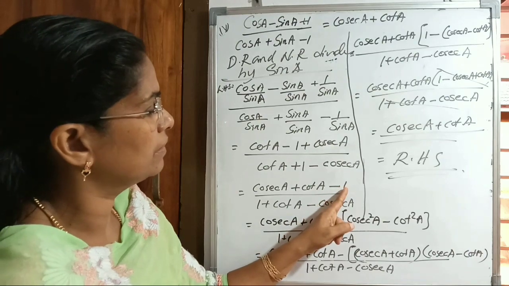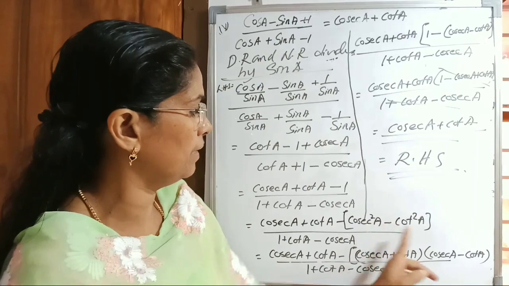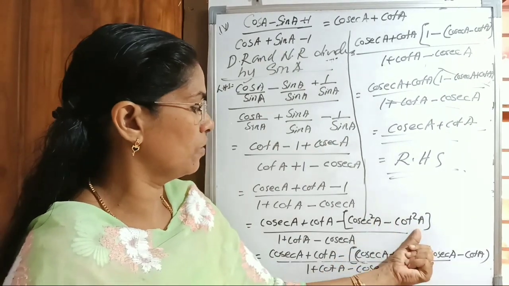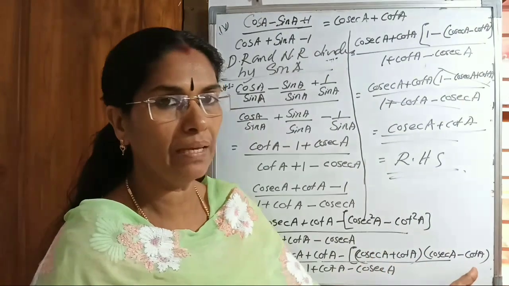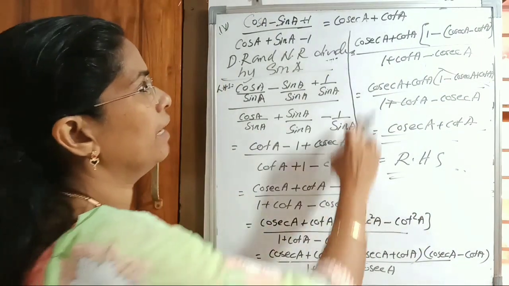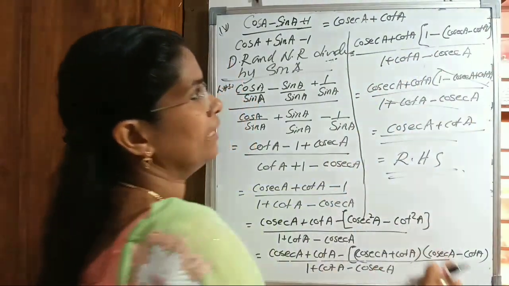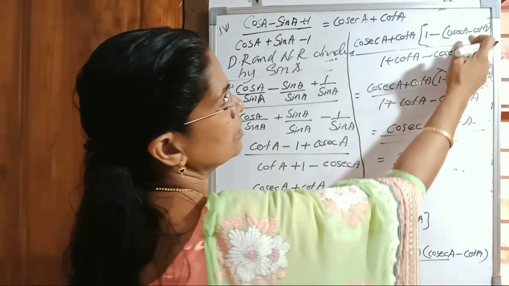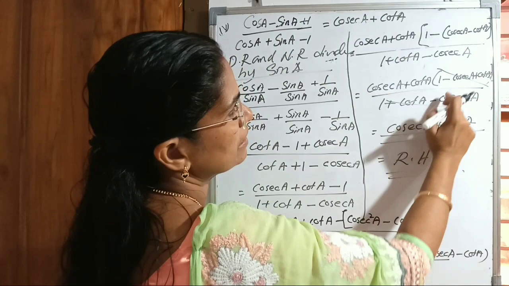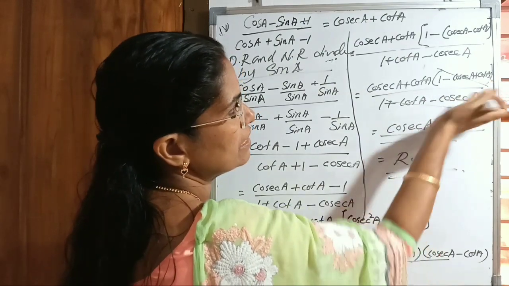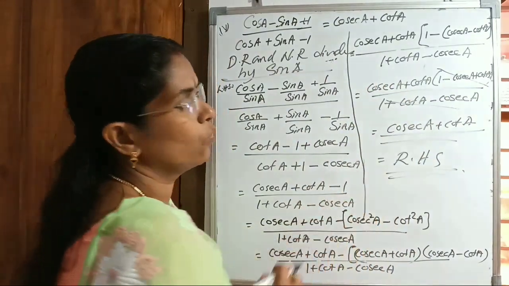After that we apply the identity 1 is equal to cosec square A minus cot square A. After that, the A square minus B square form, we expand A plus B into A minus B. Again we are taking cosec A plus cot A as common. Then inside the bracket, 1 minus cosec A minus cot A, we have opened the bracket, so minus cot A becomes plus cot A. So the same term is on the denominator, 1 plus cot A minus cosec A. Rearrange the terms. So we cancelled that, then the balance is cosec A plus cot A.